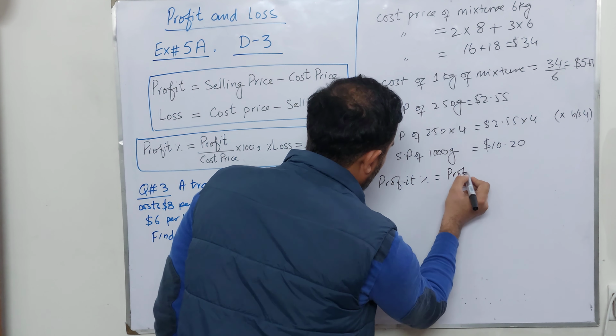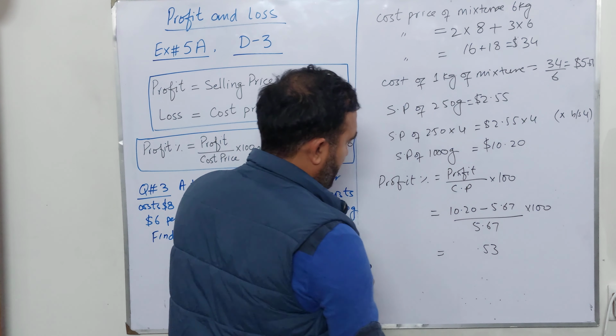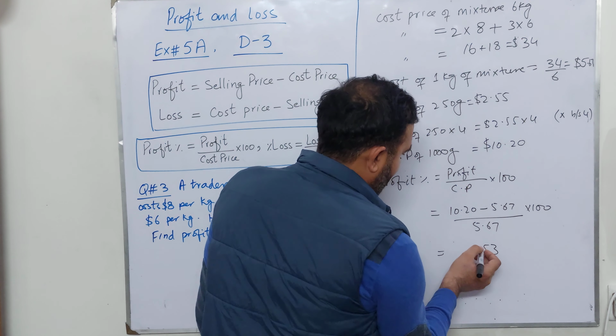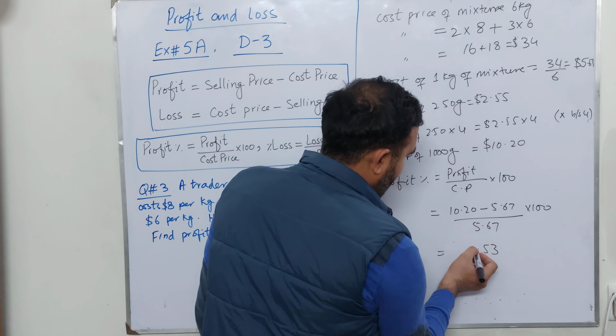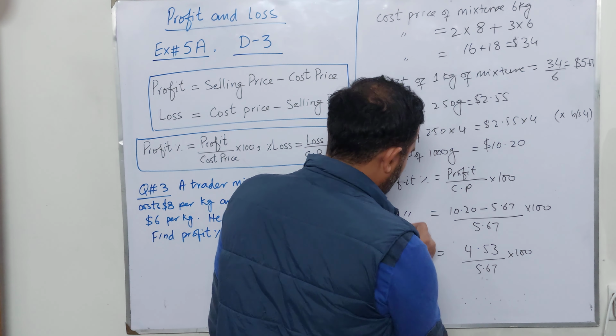Okay, so it will be 10.2 minus 5.67 divided by cost price 5.67 into 100. So 4.53 divided by 5.67 multiply 100 is our profit percentage.